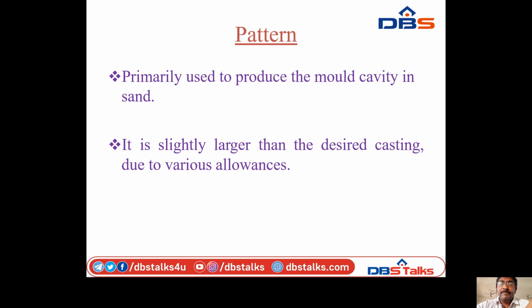Pattern making is done within the foundries or by a separate business called the pattern shop. A pattern is defined as a model of casting constructed in such a way that it can be used for forming and inspection.